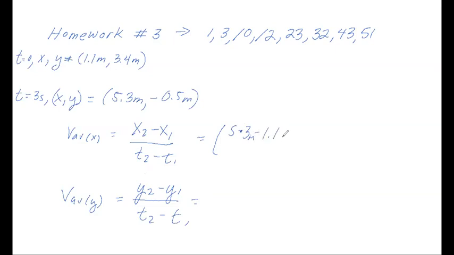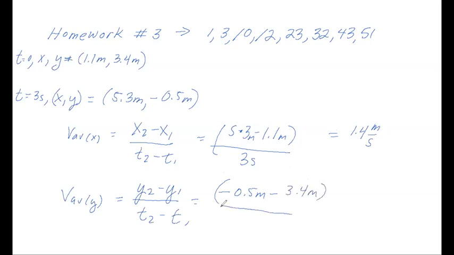That's meters. Mustn't forget our units. Over 3 seconds minus 0. We'll just put 3 seconds here. So this is going to be equal to 1.4 meters per second. And in our y coordinates, we're going to have a negative 0.5 meters minus 3.4. And once again, that's the same time interval, 3 seconds. And that's going to give us a negative 1.3 meters per second.